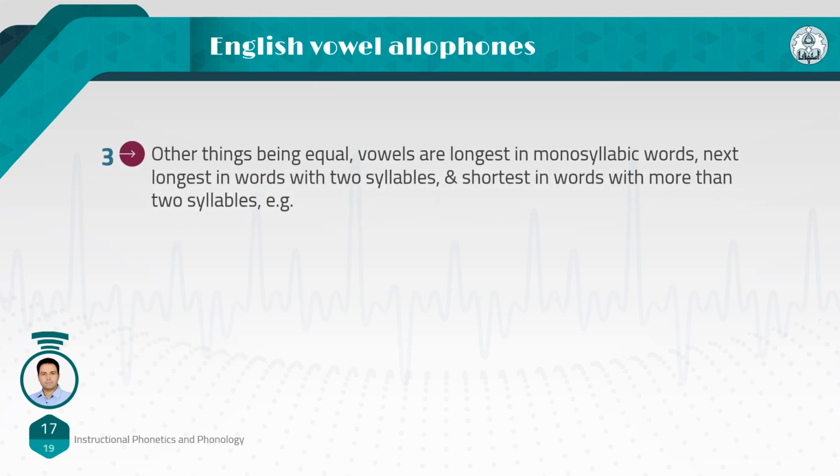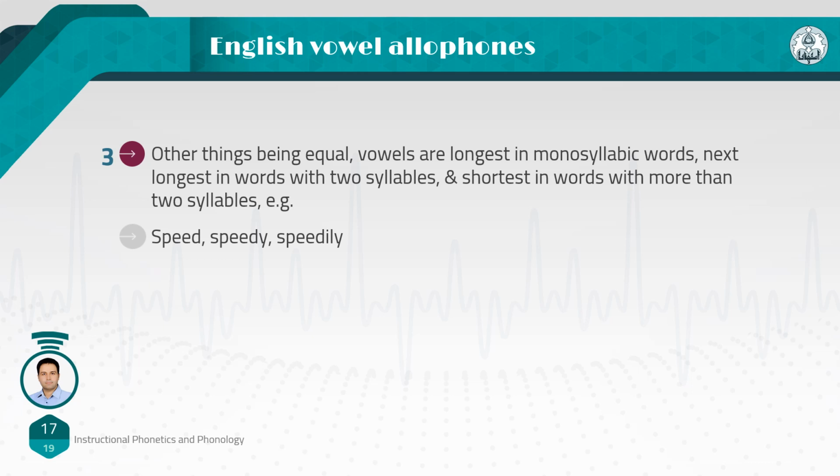Number 3, other things being equal, vowels are longest in monosyllabic words, next longest in words with 2 syllables, and shortest in words with more than 2 syllables. Here's the example. The first word is a monosyllabic one, the next one is a 2-syllable one, and the last one is the one with more than 2 syllables.